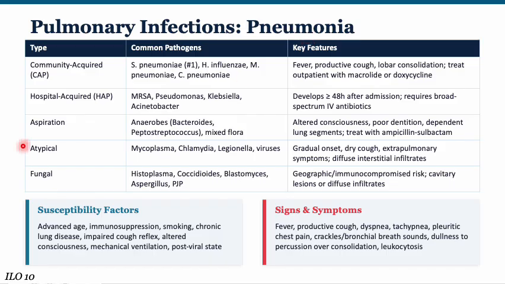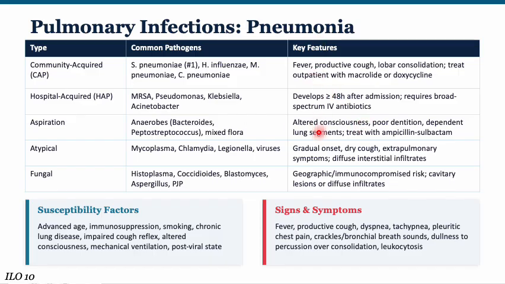The third type of pulmonary infection when it comes to pneumonia is aspiration. You can see this. The organism is usually anaerobes or mixed flora. You think about the organisms that may be in the mouth or actually in the gut.